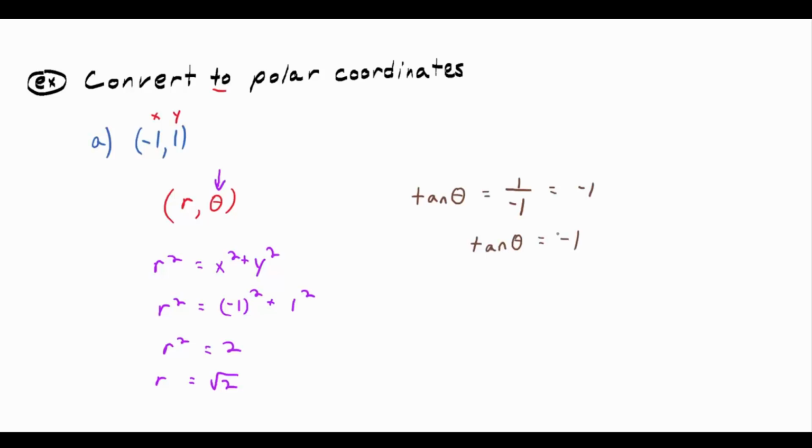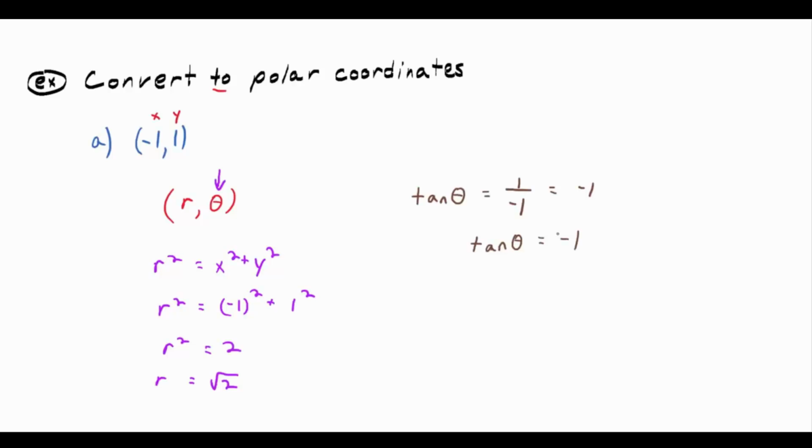What would your calculator spit out? Now this is something you should know without the calculator. But if you were relying on your calculator, what would you do to both sides? Take the tangent inverse of -1. It would spit out negative something, because the tangent inverse is defined in which two quadrants?